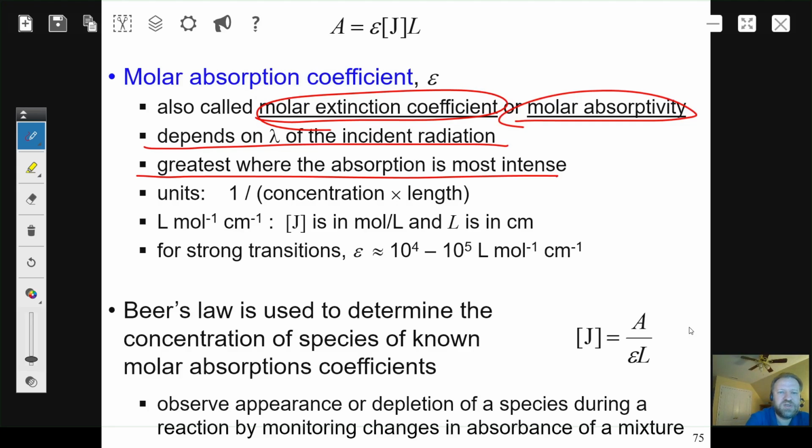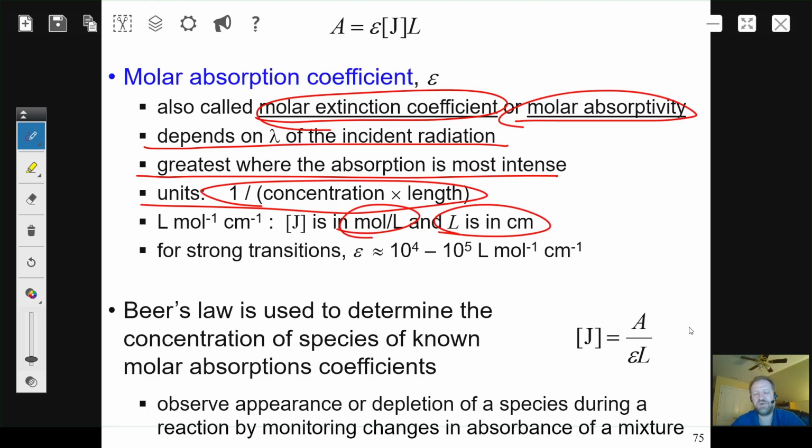The unit is inverse concentration times length. So if our concentration is in mole per liter and the path length is in centimeters, for example in our spectrophotometers, then it is convenient to express the molar absorption coefficient as inverse concentration, which used to be mole per liter, becomes liter per mole, and divided by length.